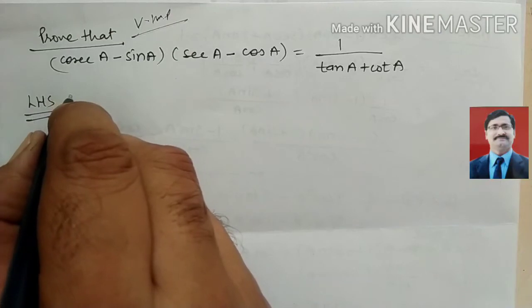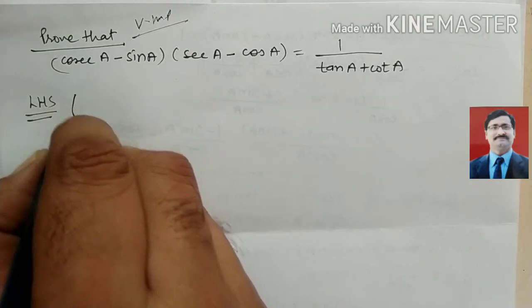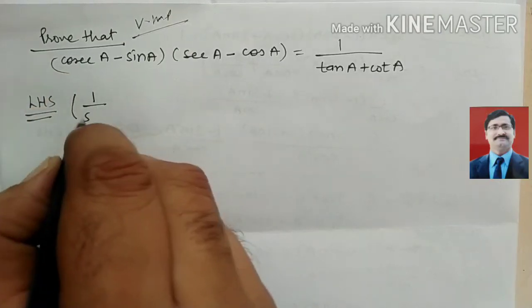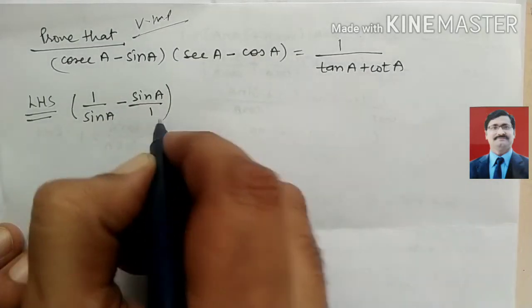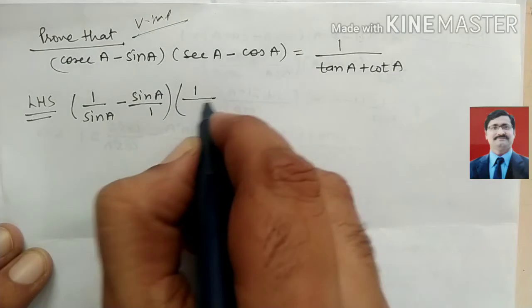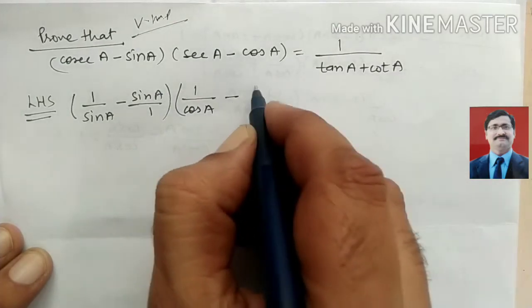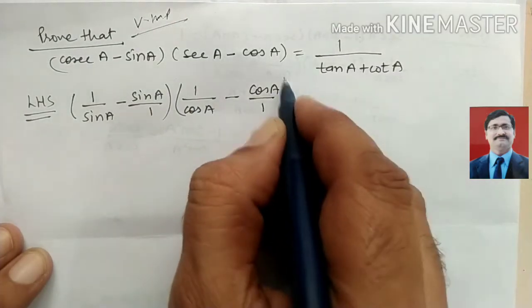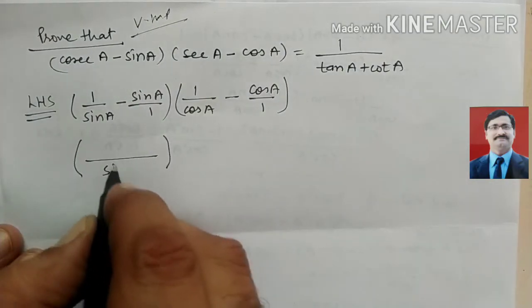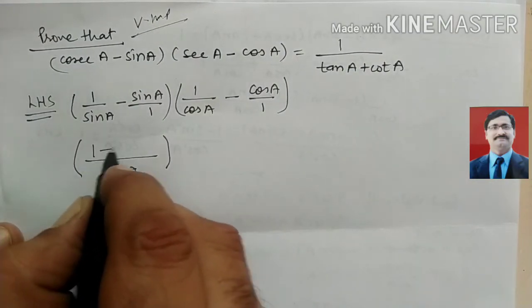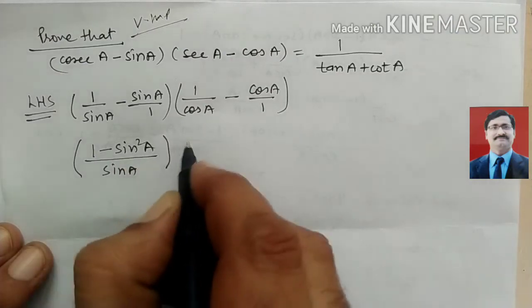On the left hand side, cosec a we can write as 1 upon sin a minus sin a, so in the denominator we write 1. Sec a we write 1 upon cos a, and cos a is as it is. Now you take LCM in both brackets. In the first, LCM is sin a, so you get 1 minus sin square a.